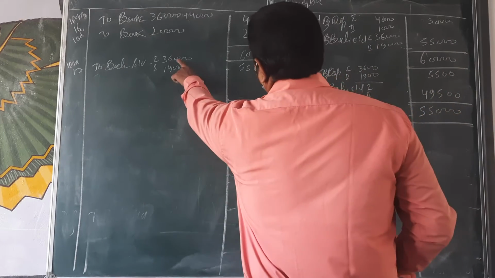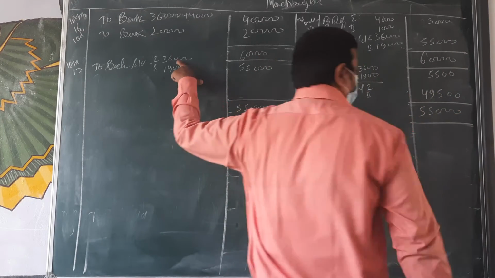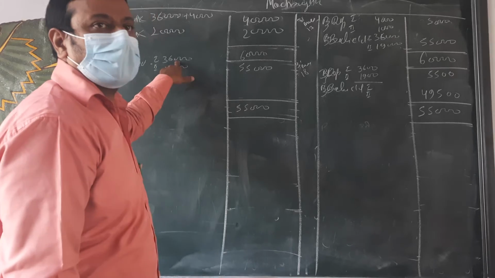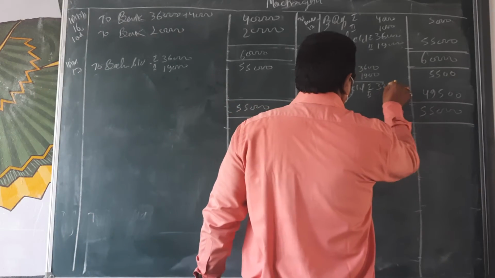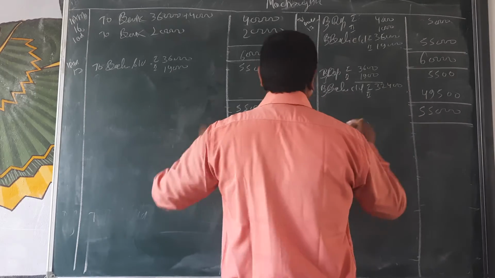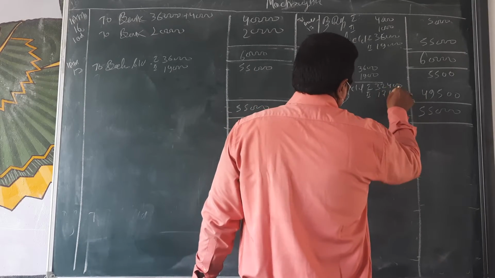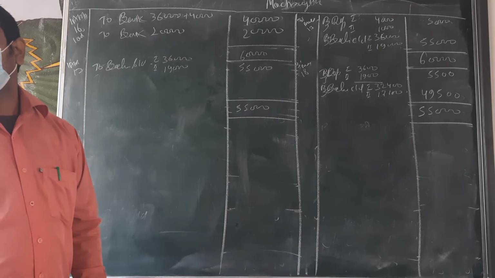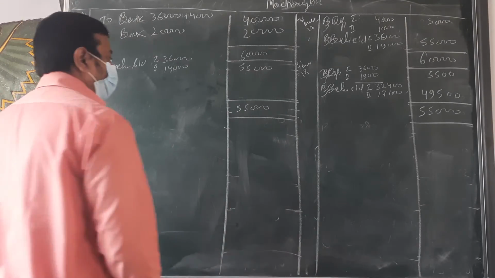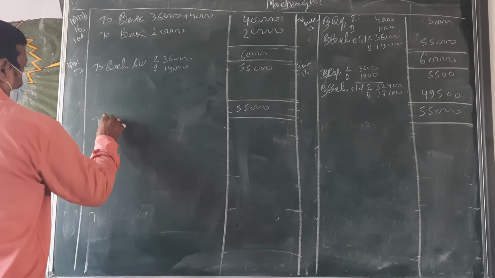And this 36,000 less 3,600. What amount is coming? 32,400. And 19,000 less 1,900, 17,100. Okay, take this amount this side.